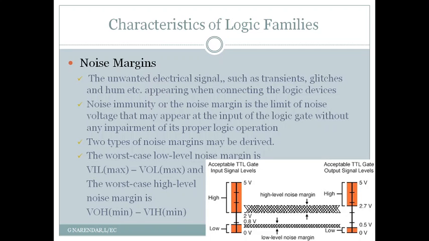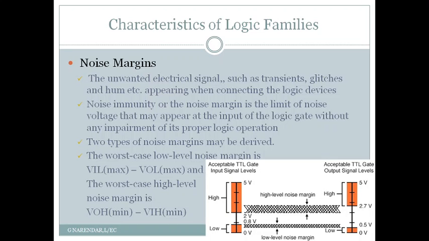That means the actual voltage may increase or decrease when this noise is added onto the signal, and this noise can cause the circuit to malfunction when the voltages either decrease or increase from the intended value.